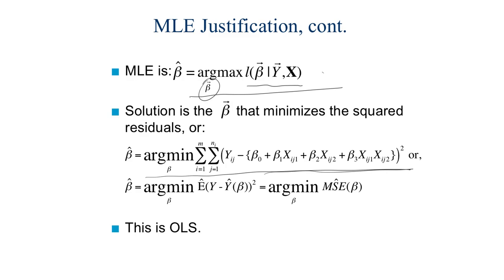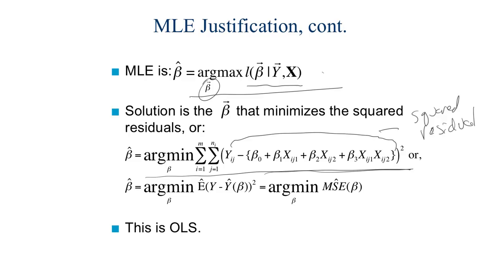I'm minimizing this, and this thing is a squared residual: the observed minus the predicted, based on whatever betas you're trying out, squared.